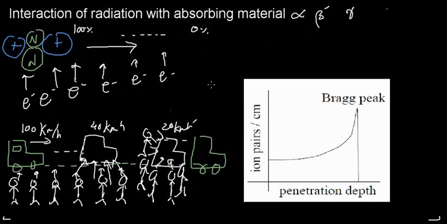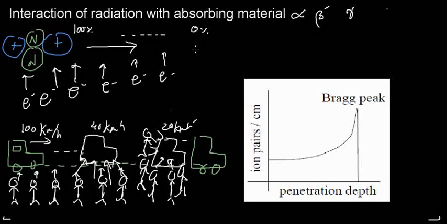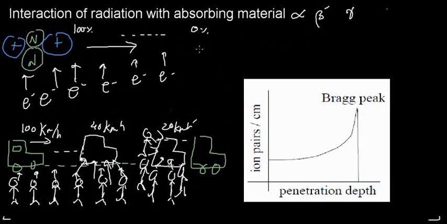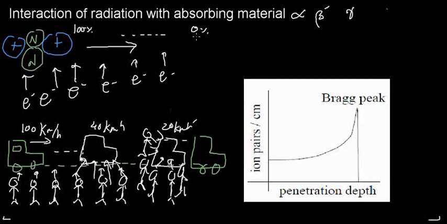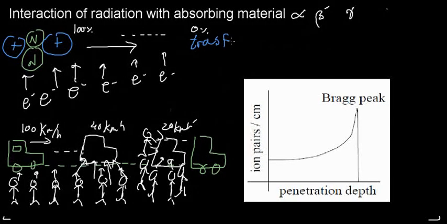And what's important to understand, which we pretty much understood from this little idea here, is that the faster I'm going, the less ionization I'm going to cause. So the faster I'm going, the less people are going to be able to jump on the train. So in other words, the transfer of energy is inversely proportional to the kinetic energy of the particle.